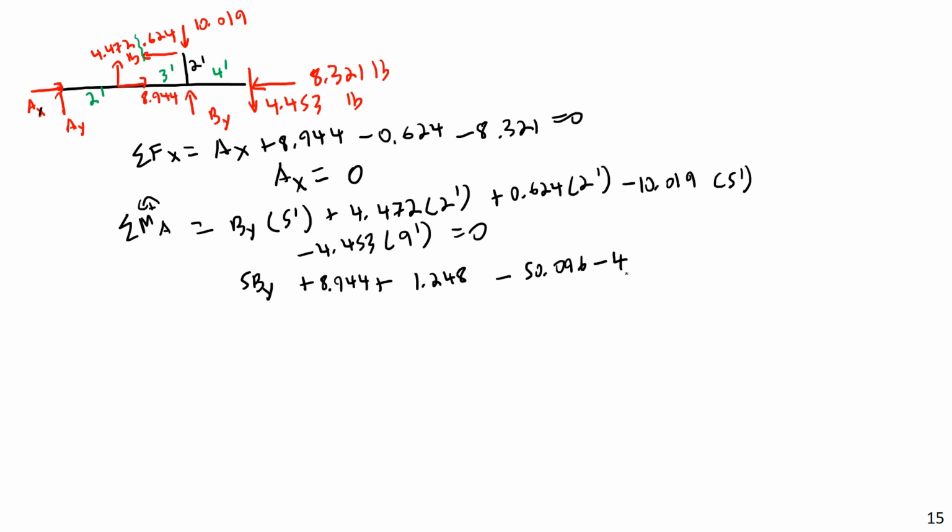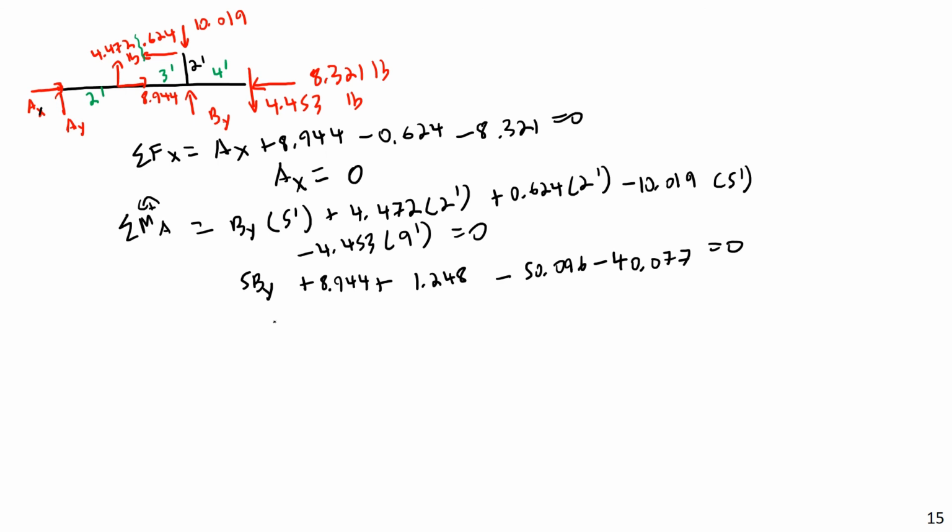Negative 40.077, and the units here would be pound feet, but that's not really that important. So 5BY, the 8.944, which is positive, the 1.248, which is positive, the negative 50.096, which is of course negative, and the 4.453 times 9, which is also negative.